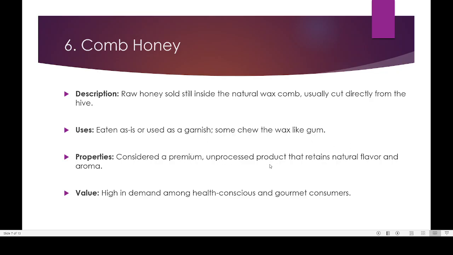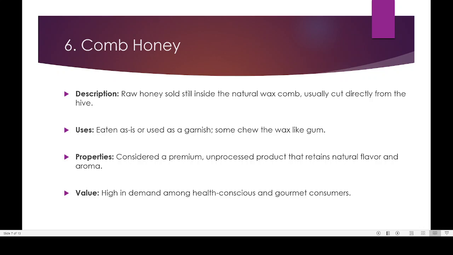This is a premium, unprocessed product that retains the original flavor as well as the original smell or aroma of the honey. In our state and in our country, there is always a preference for natural products. Anything that is natural, organic, people are ready to spend extra money.